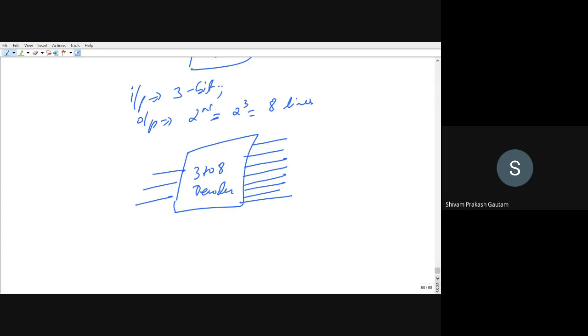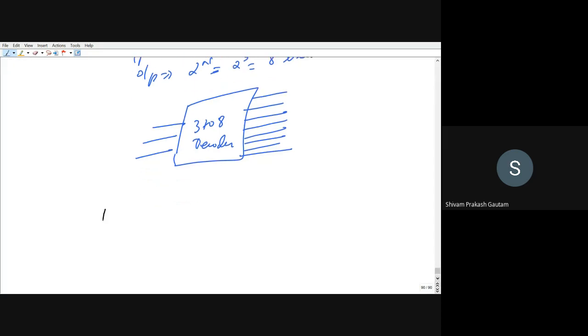So in general, if we are having n input lines, then we can have 2 to the power n output lines. That is, output lines can be equal to 2 to the power n or will always be less than 2 to the power n.